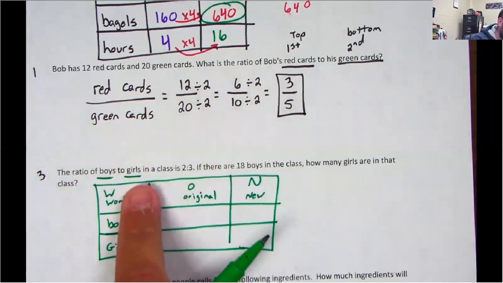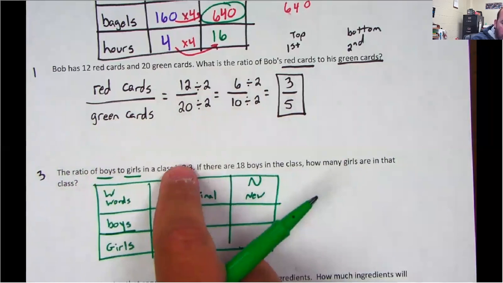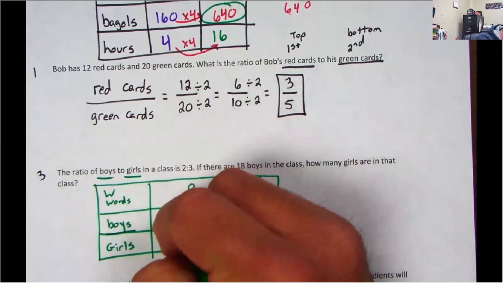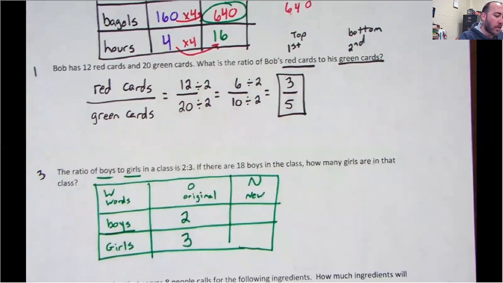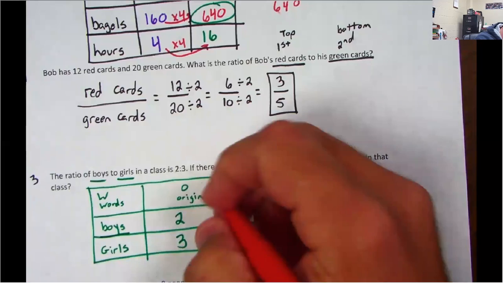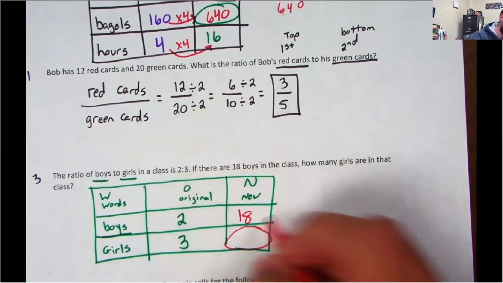So here we are. Boys to girls is 2 to 3. Again, boys came first, so that means the boys is the 2. The girls is the 3. If there are 18 boys in class, so that's my new information, we want to know how many girls there are.